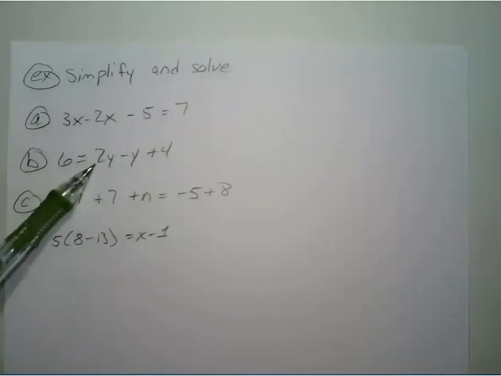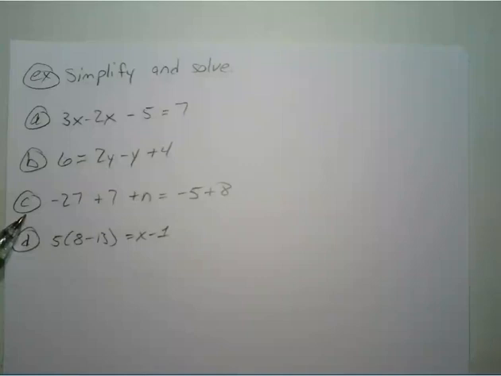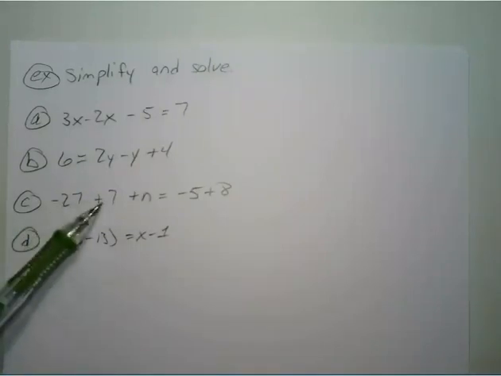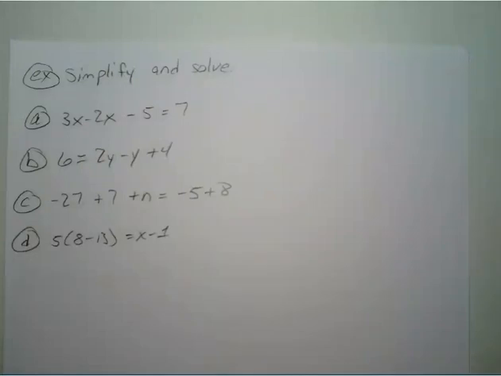We have 6 equals 2y minus y plus 4. We have negative 27 plus 7 plus n equals negative 5 plus 8. And we have problem D, which is 5 times 8 minus 13 in parentheses equals x minus 1.